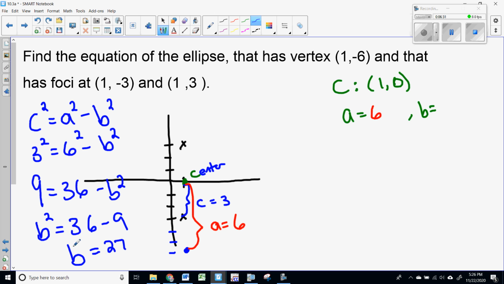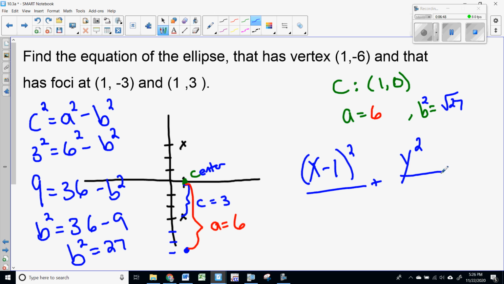And really, you notice that's B squared. I really don't even need to know B. I really need to know B squared. So now my equation will be (x minus 1) squared plus y squared equals 1. And the next thing I have to determine is where does the A go, under the x or the y? Well, if we look here, this opens up or down. Our major axis is up or down.